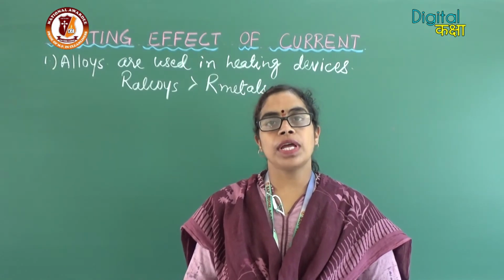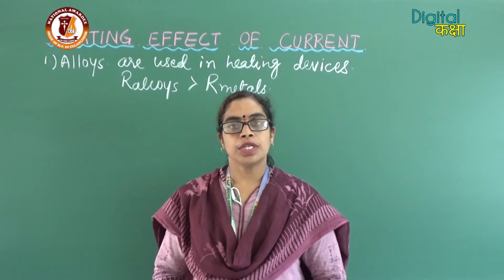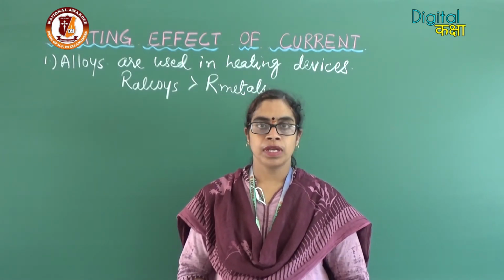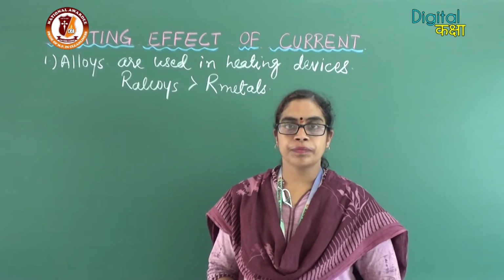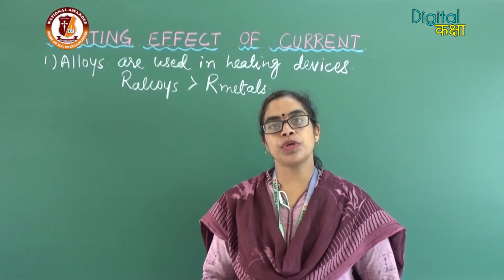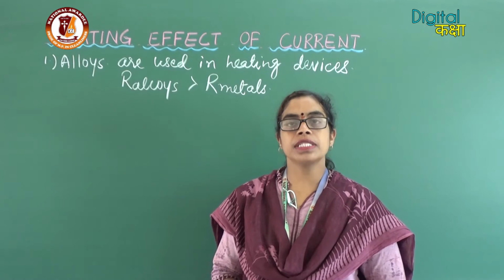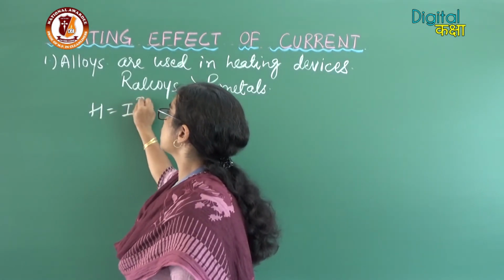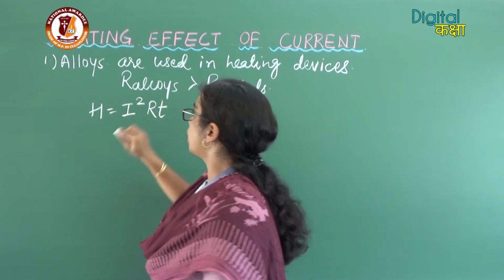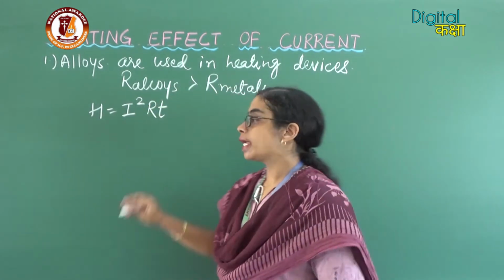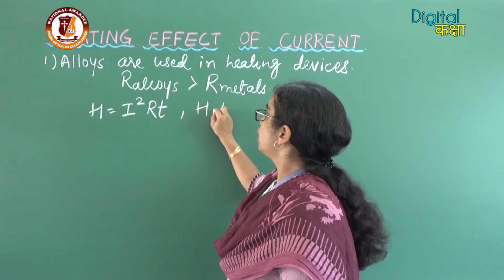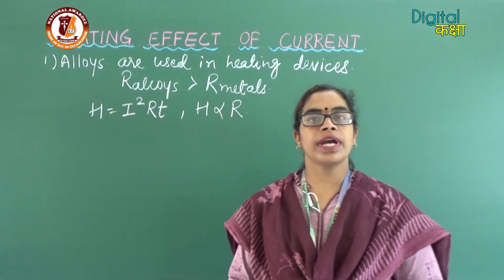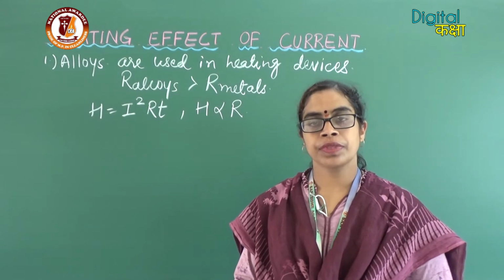The resistance of alloys is very high due to the high value of the resistivity. Because of that reason, the amount of heat which is produced in alloys is very high according to the formula H is equal to I square RT, or even I can say due to the direct dependency of heat energy on the factor resistance.